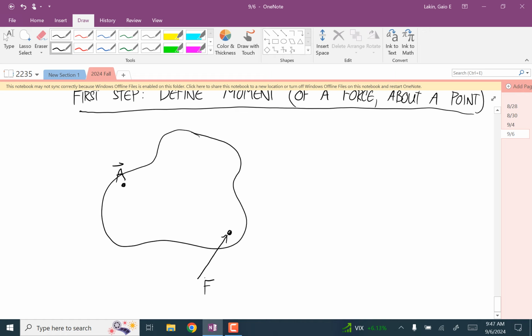So this is the force vector F. And the point where this force is applied, I'm going to call P. So A is the coordinates of the about point. P is the coordinates of the point where the force is applied.